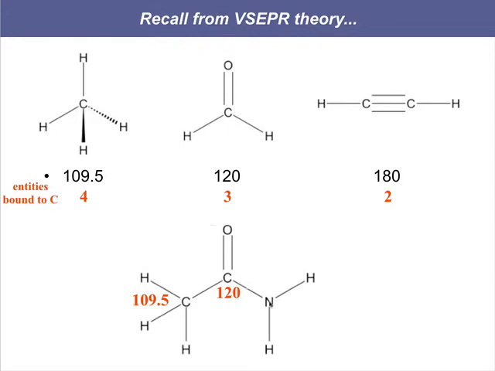Now, what about nitrogen? How many entities are bound to nitrogen? Your guess is probably 3 because you see hydrogen, hydrogen, and carbon, but be cautioned. Notice that nitrogen doesn't have 8 electrons around it. It doesn't have an octet, nor have I drawn a charge to it.